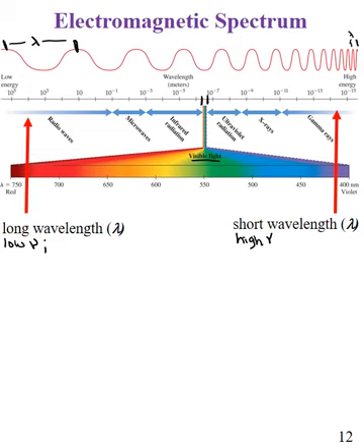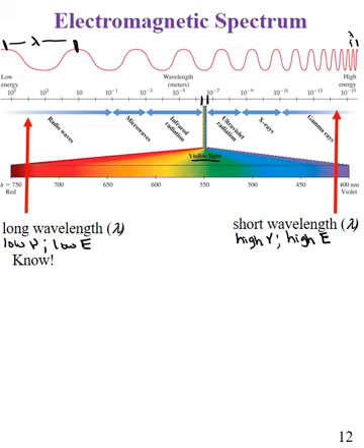Okay, and then let's look at the energy. Which side would have the highest energy? On the right side. I'll denote energy with a big E. And on the left side, it would be low energy.